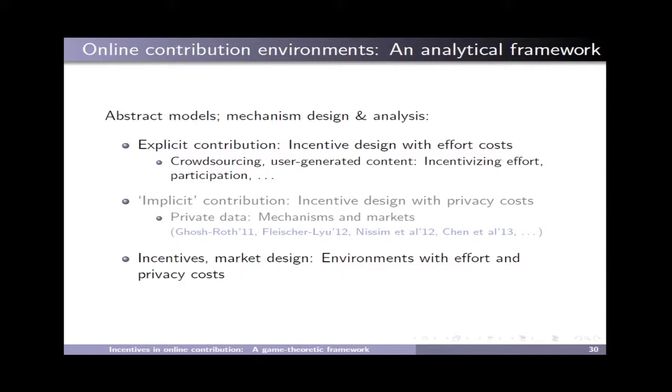And you can think about implicit contribution environments with private data as environments with privacy costs. And really, there hasn't been any work that I know of that looks at environments which have both effort and privacy costs. And effort could mean participation as well as how much you decide to work, as well as whether you decide to do something at all or not.